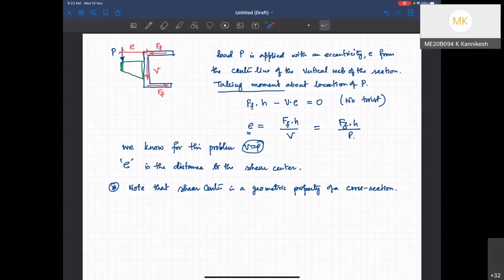I'll write it this way: V is equal to Q_W here, F_W here, right?